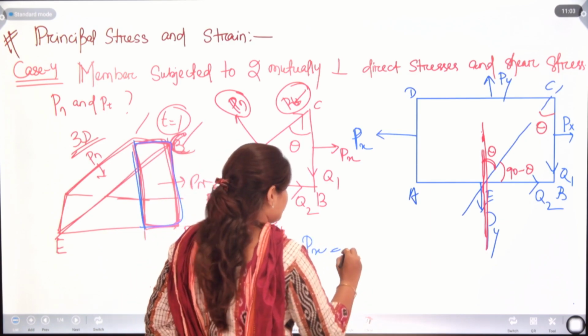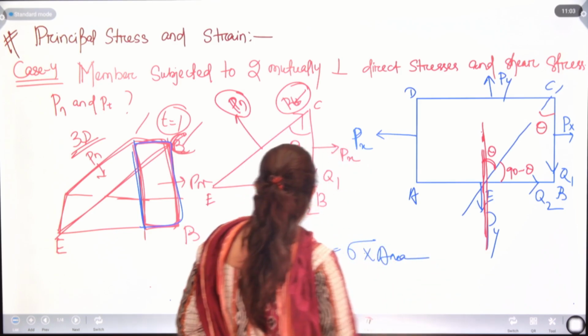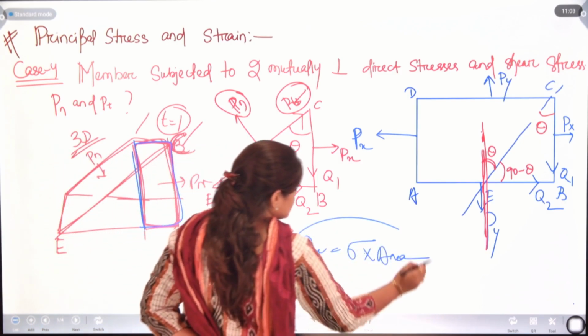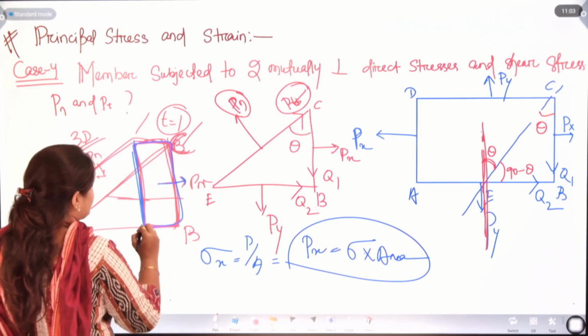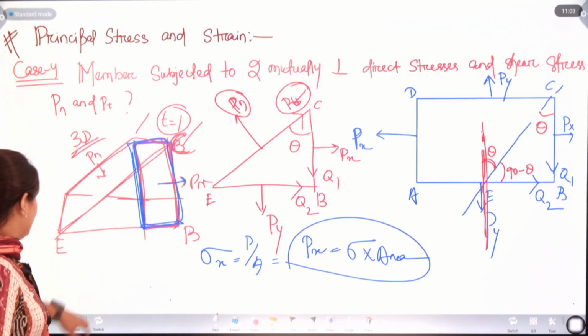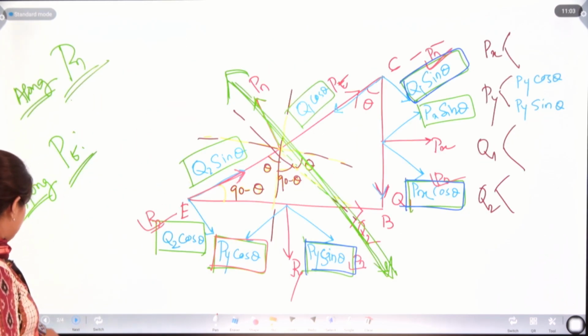So, the formula will become sigma into area, right? Sigma into which area? Px will act in this plane, so Px is sigma x into BC.